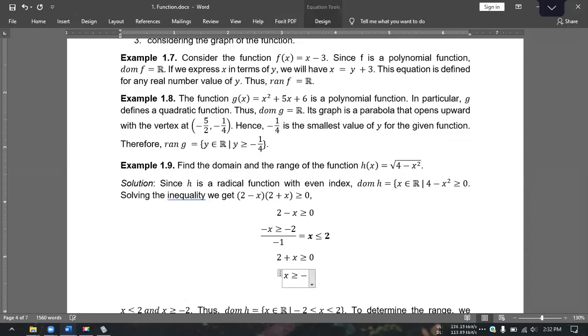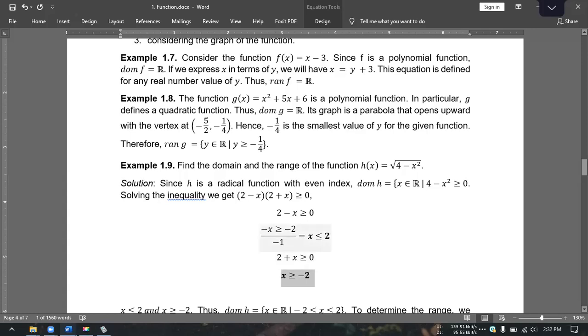So there's no need to multiply negative or divide by negative since okay naman, wala naman tayong sign for our x variable. So this is the other one. X is greater than or equal to negative 2. Meaning our x must be greater than or equal to negative 2 but less than or equal to 2.